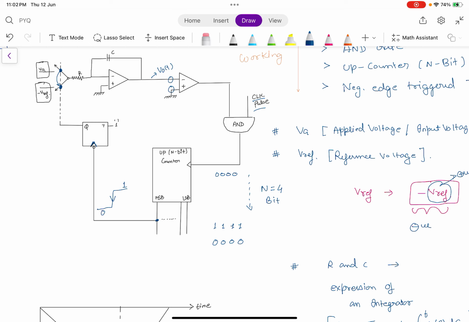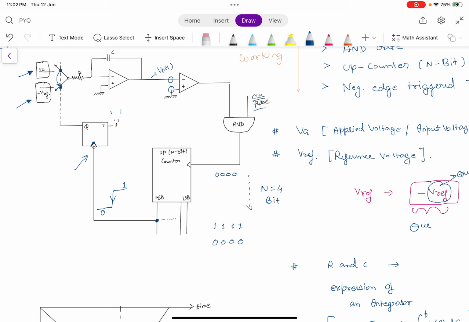This is the meaning of negative edge trigger. As the logic of the MSB bit goes from 1 to 0, this control signal triggers the clock and it toggles state. So whatever the value, it will toggle to the different state. Before toggling, the present state applied at this point is the applied voltage, and when it toggles, the input voltage applied is minus V reference.